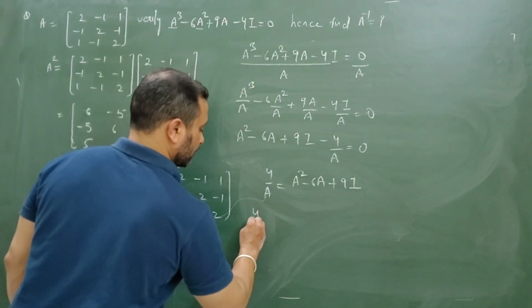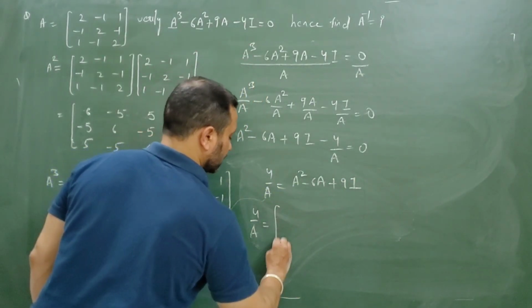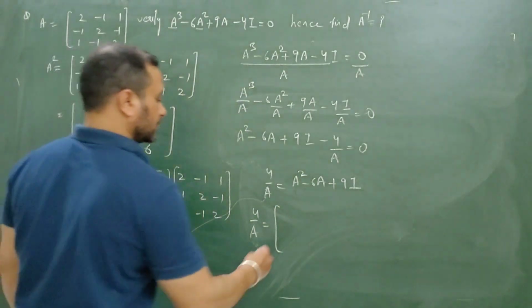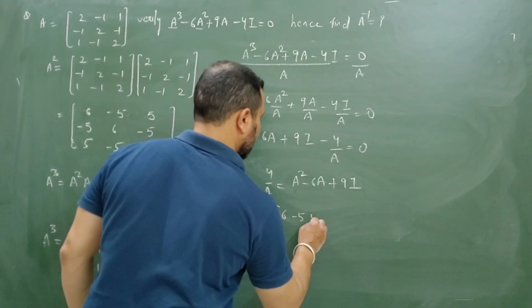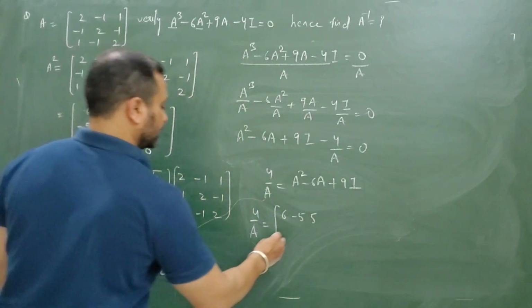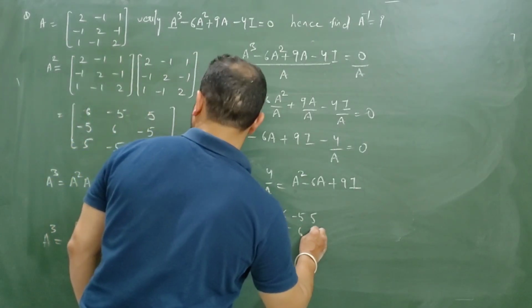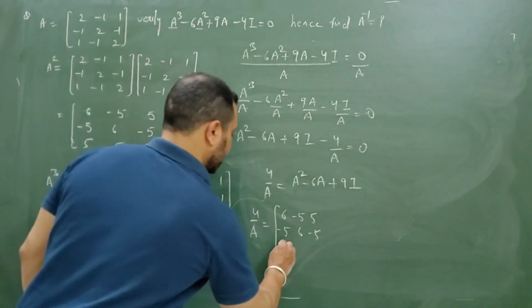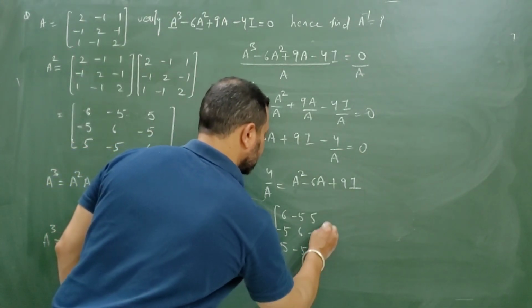Now 4A inverse is equal to this, where the value of A square is 6, minus 5, 5, minus 5, 6, minus 5, 5, minus 5, 6.